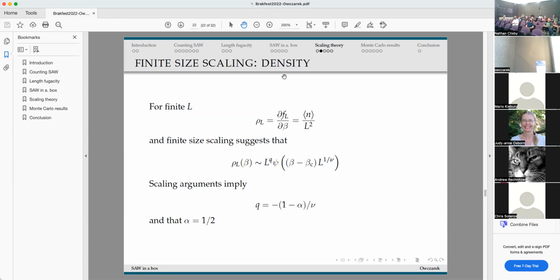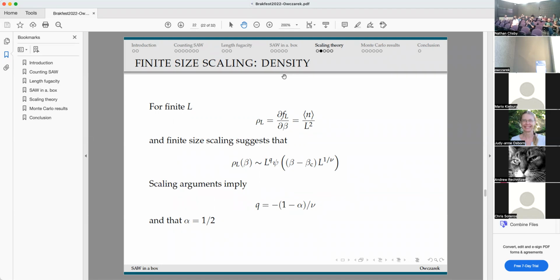You can then apply a series of arguments to say that that form has to agree with everything we know about scaling of the quantity of interest, in this case the density, when the parameter beta is fixed to beta c, to beta less than beta c, and to beta larger than beta c.